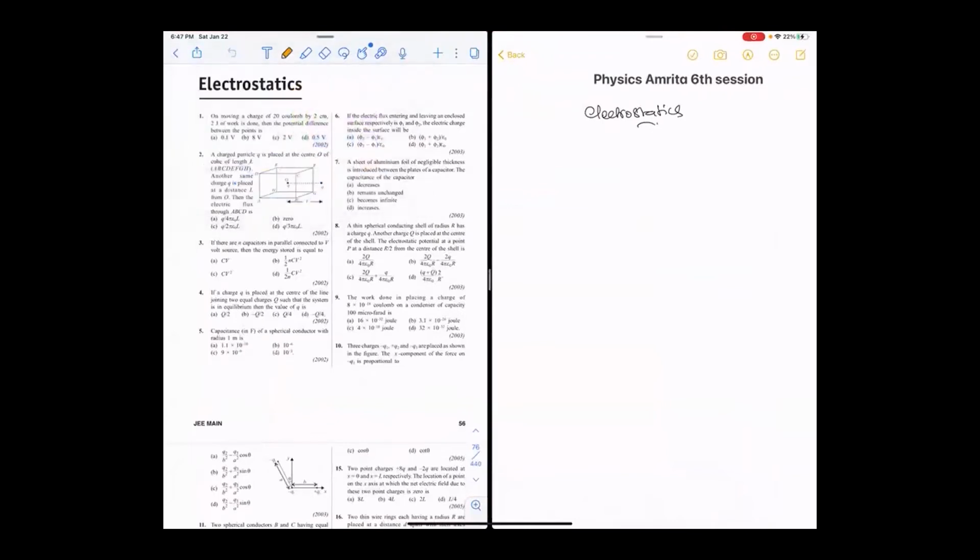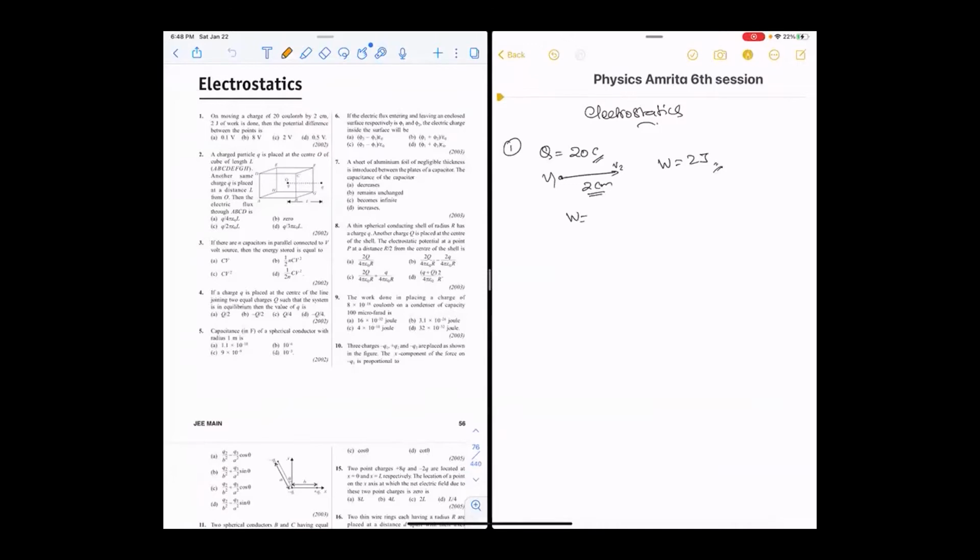Question number one: on moving a charge Q equal to 20 coulomb by a distance of 2 centimeters, 2 joules of work is done. The potential difference between the points is asked. The 2 centimeters has nothing to do with this, because he is not mentioning any force. He gave charge and work done, and he's asking for the change in potential.